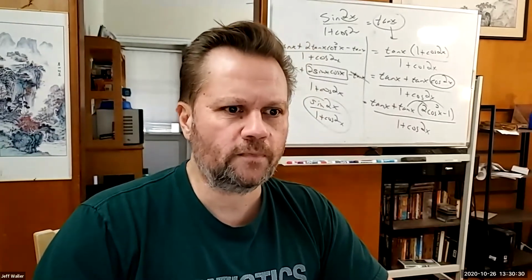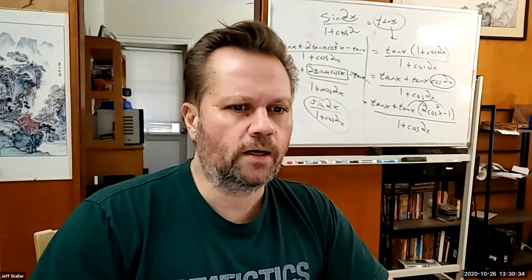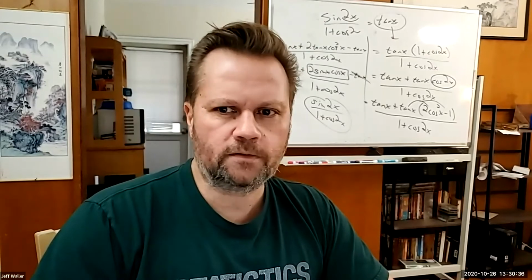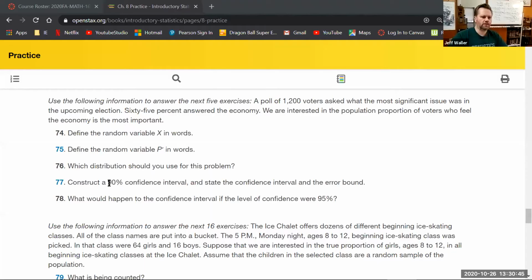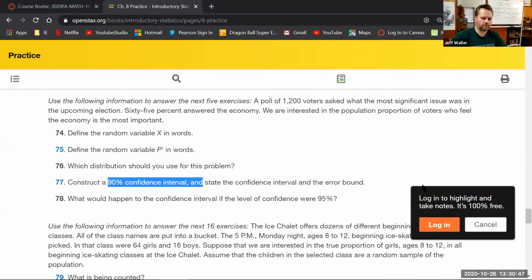For section 8.3, how do you set up the distribution for 76? Well, the funny thing is, I always hate how they place this kind of question. So you need to know you're going to make a confidence interval.